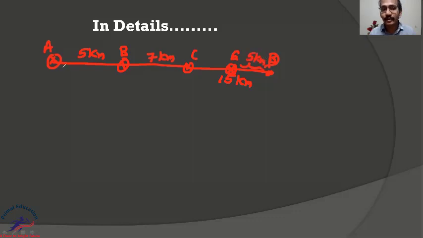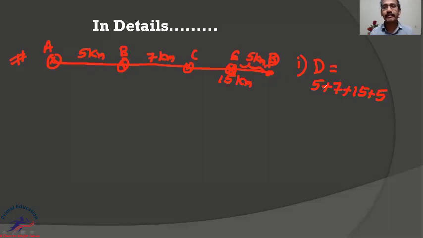Now, what is distance and what is displacement? Distance is equal to the total length covered by an object, the actual path traveled: A to B, B to C, C to D, and D to E. A to B, 5 kilometers, plus B to C, 7 kilometers, plus C to D, 15 kilometers, plus D to E, 5 kilometers.